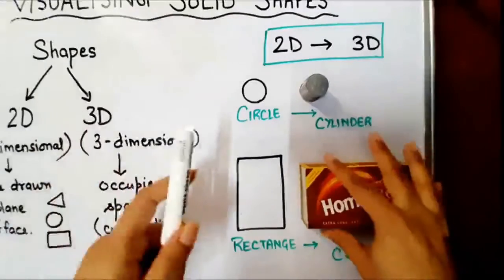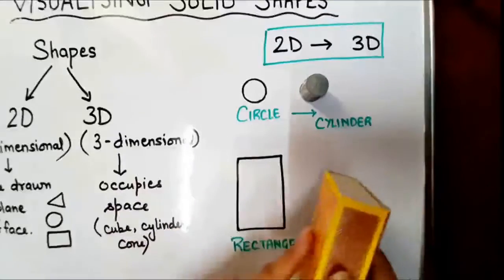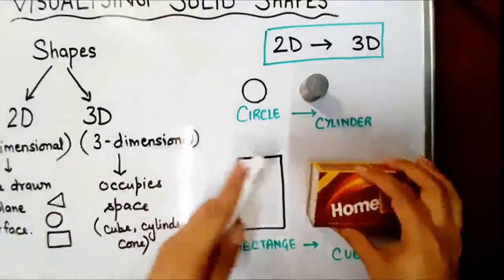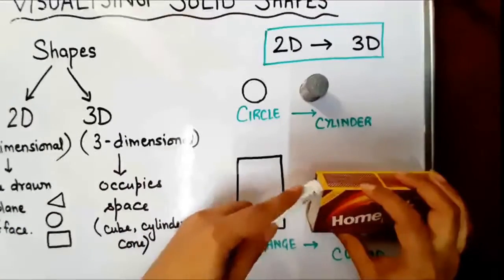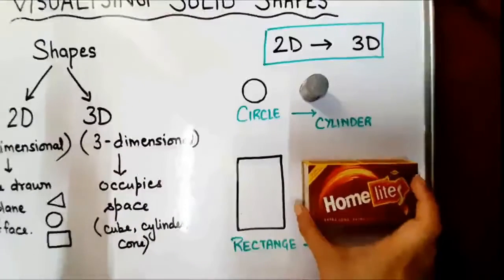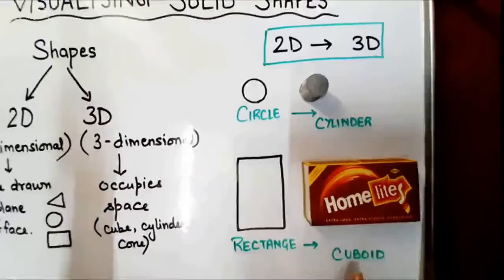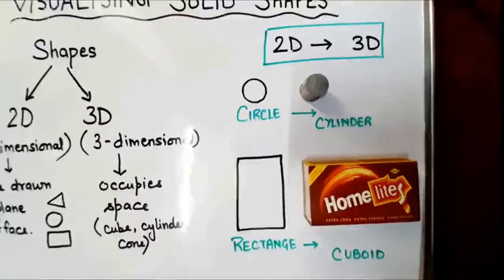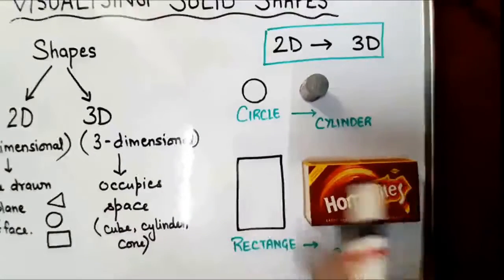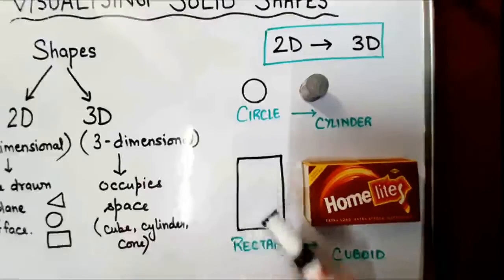The base also is a rectangular surface. But when we give it height, the third dimension, this converts the rectangle to a three-dimensional shape, which is a cuboid.